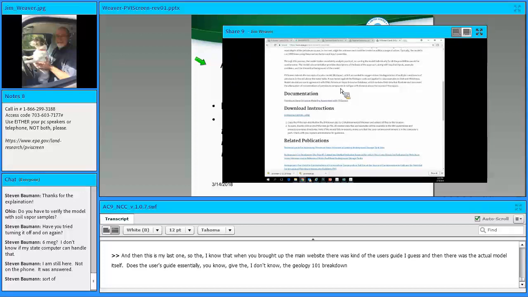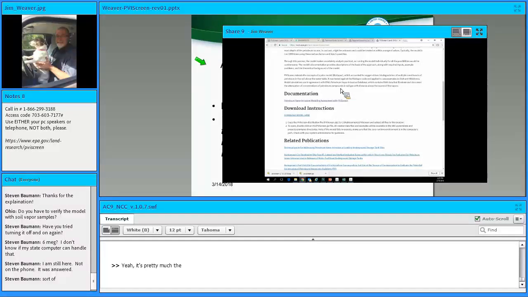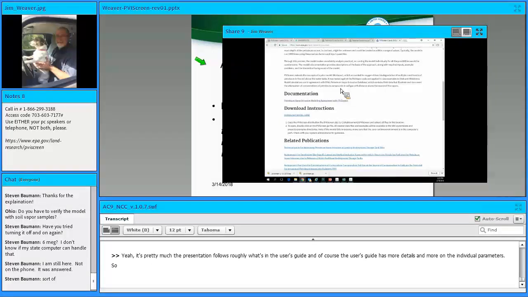Yeah, the presentation follows roughly what's in the user's guide, and of course the user's guide has more details and more on the individual parameters. So it's obviously good to look through the user's guide, especially with regard to looking at the parameter values for input. Okay, great, thanks.